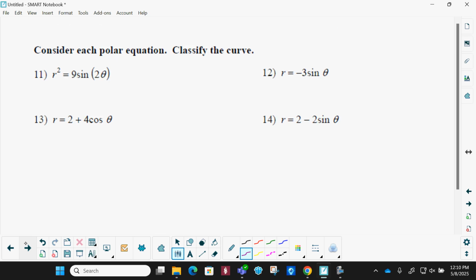Okay, so here my advice is you're going to graph. Here where we have the same numbers, this is going to be a cardioid. Just think of the heart, the two halves are similar. This one here is going to be a limaçon because they're not the same. We have an r squared here, so this will be a lemniscate.